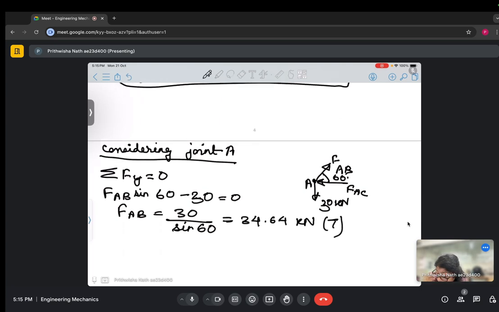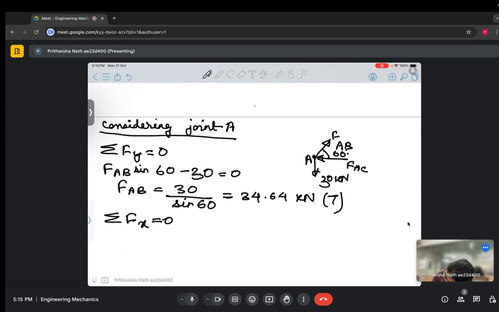Now considering Fx to be 0, this will be FAB cos 60 minus FAC equal to 0.